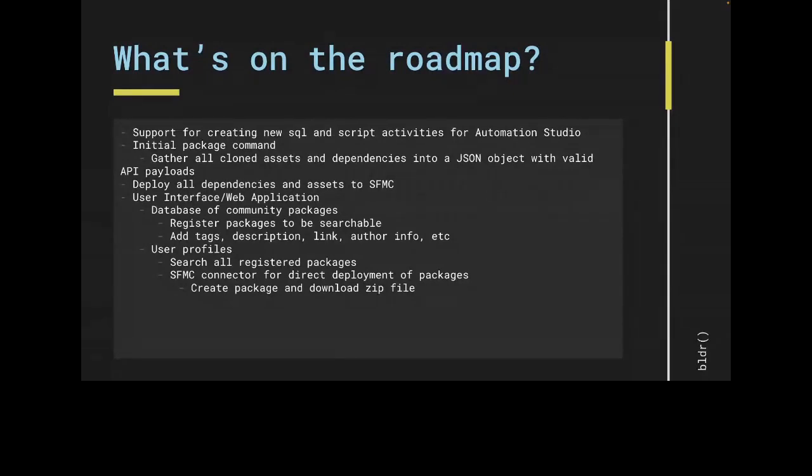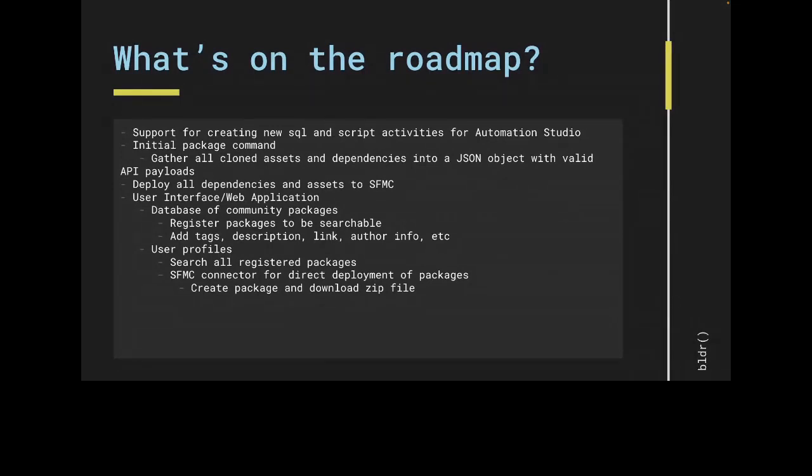We're working on that initial package command that goes through, gathers all of the dependencies into a JSON object with all the valid API payloads, and then serializes that so all your dependencies will have references.